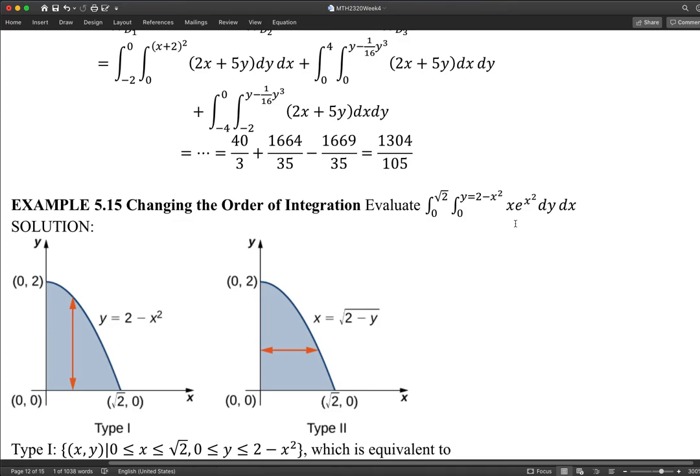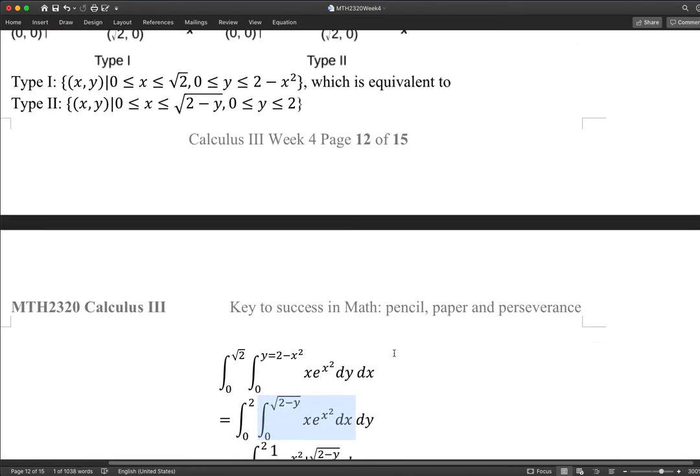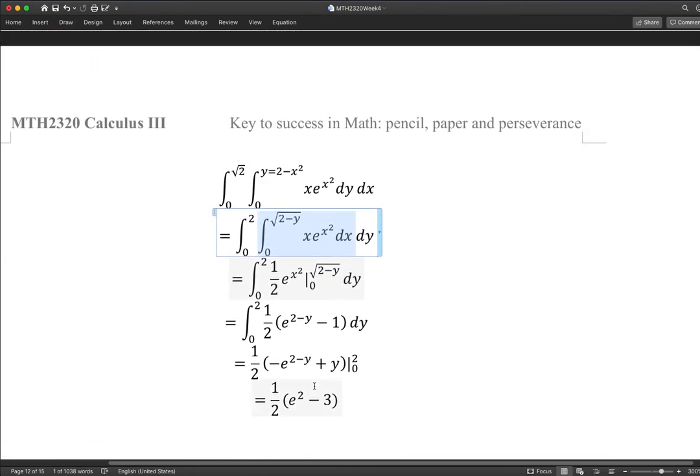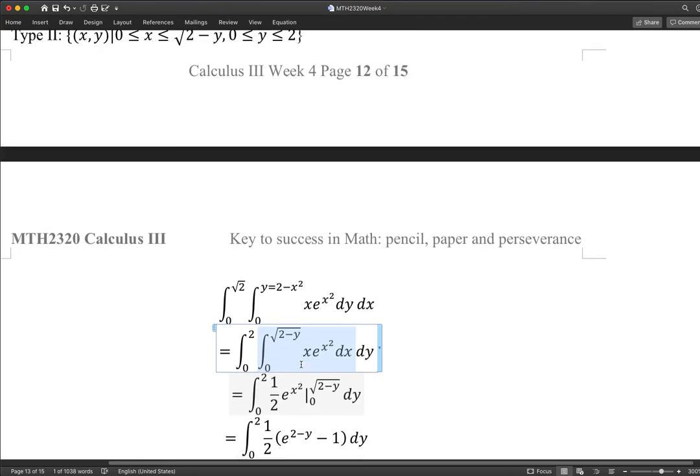But there are tricks. Like in this case, if you could switch the order of integration, it does make the calculation a lot easier. And also I want you to know, sometimes you really will have to switch the order of integration. Otherwise, it may not give you the answer.